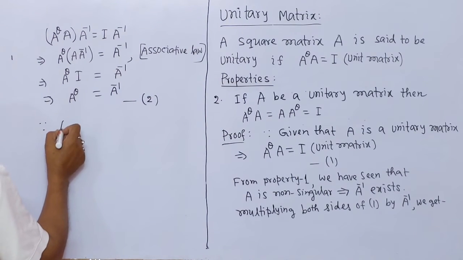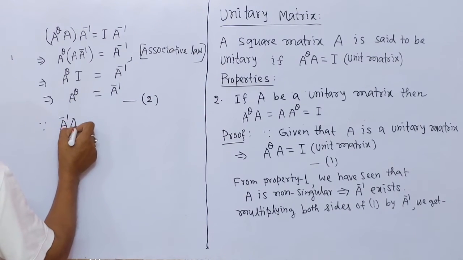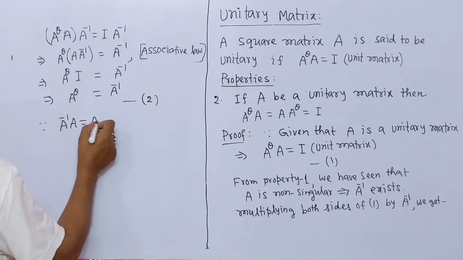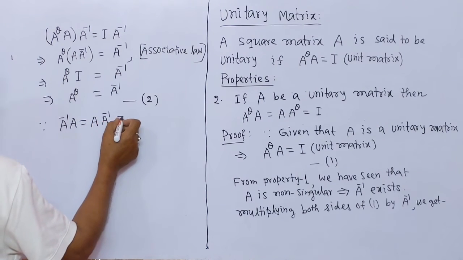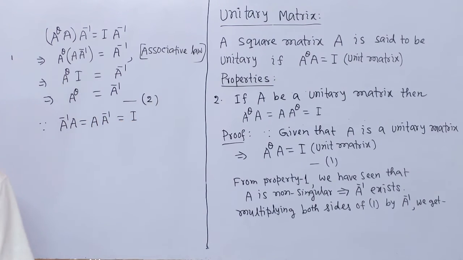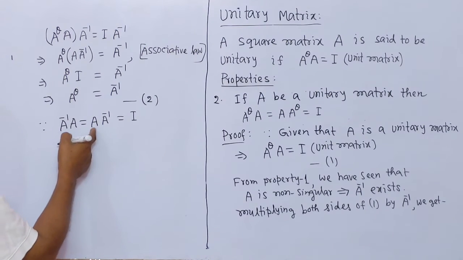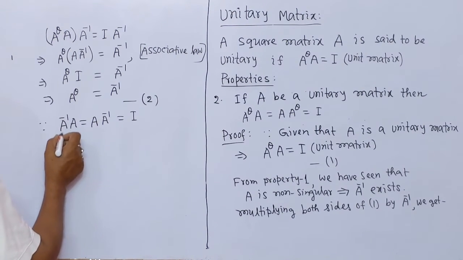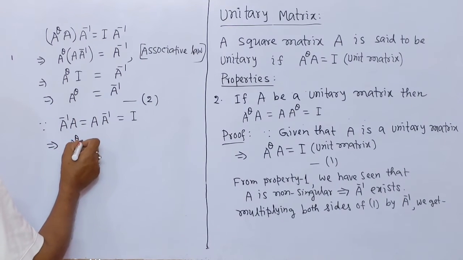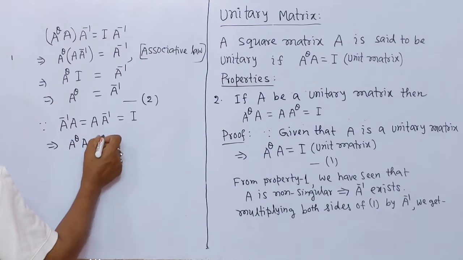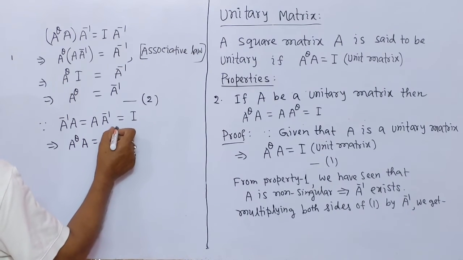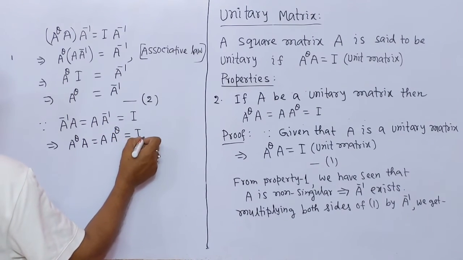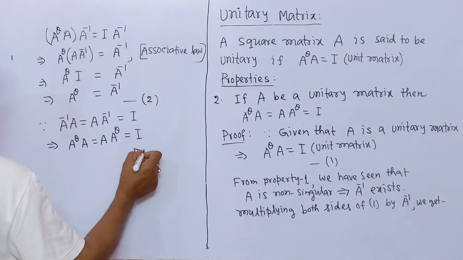Since A inverse A equals A A inverse equals I due to property of inverse of a matrix, implies that in place of A inverse we write A theta, A theta A equals A multiply A theta equals I, unit matrix, proved.